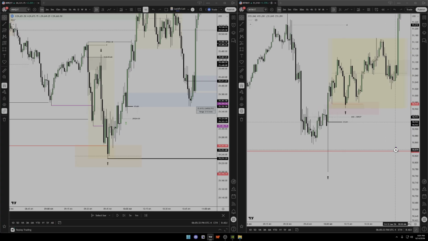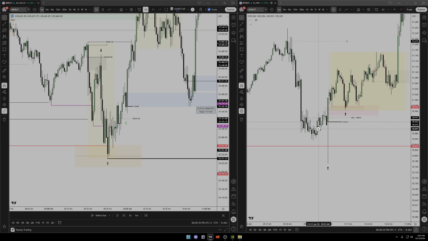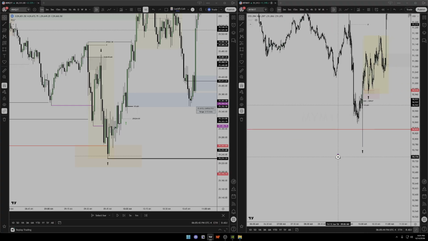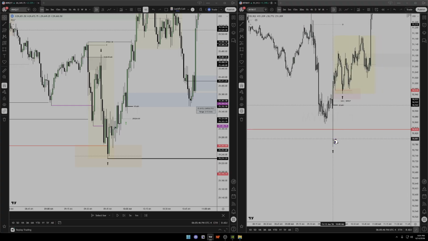So at 10, notice how YM was pretty much the lagging indicator. YM had a very strong reaction into sweeping its data low. One of the things I would notate about this is that we got the sweep for the low of the day on YM at 10 o'clock.